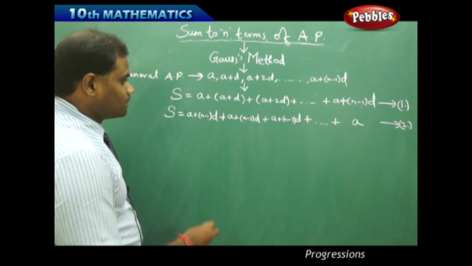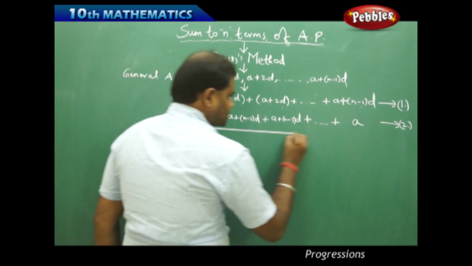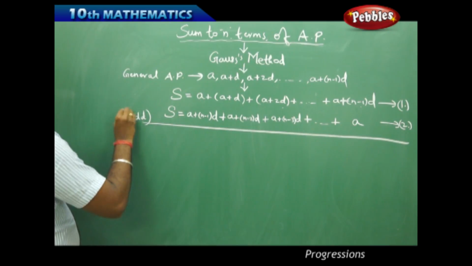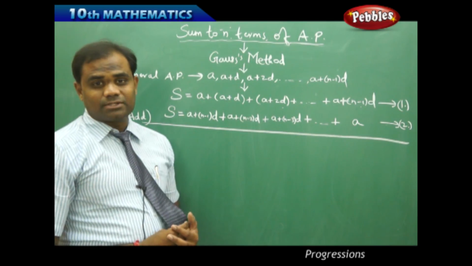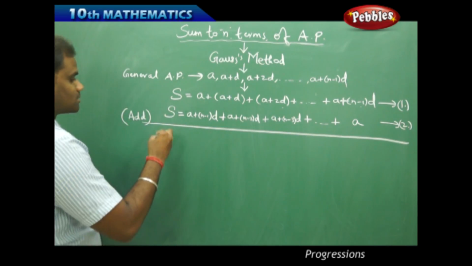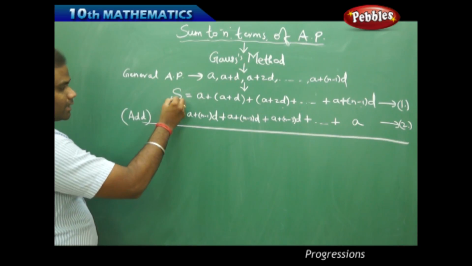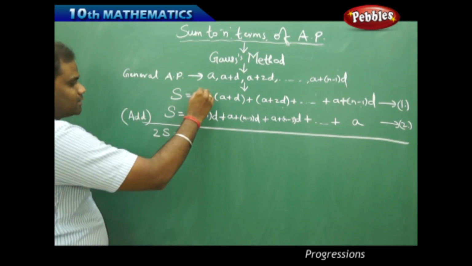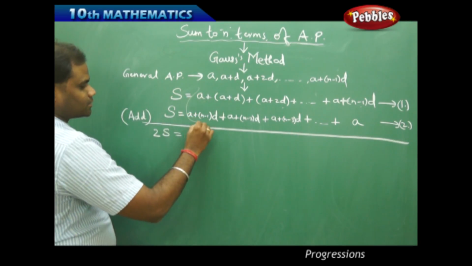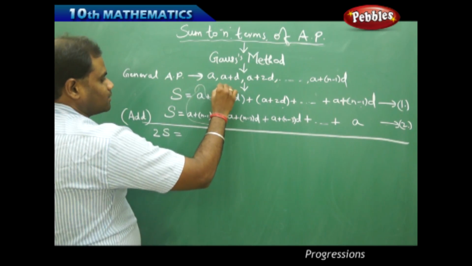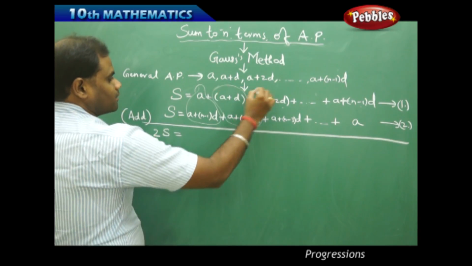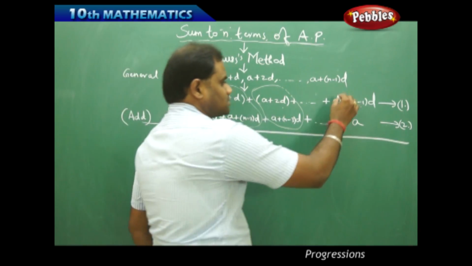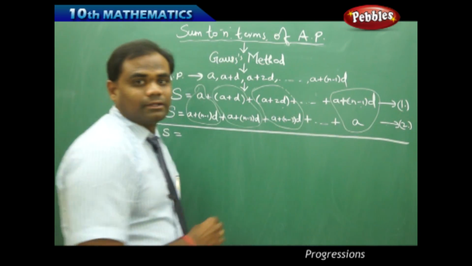Then I take these two equations and add them up, because let's see interestingly what happens when I add each of the sequences. On the left side, I get S plus S, which is 2S. When I add each of them, I add this pair, and then this pair, and then this pair, each of the pairs being added separately.